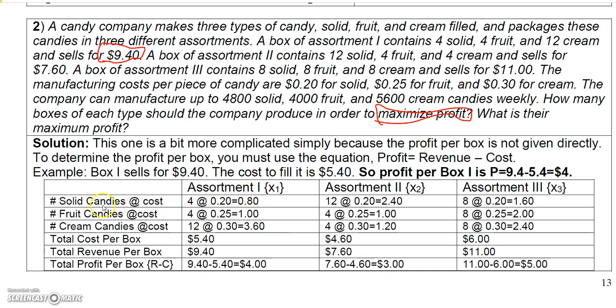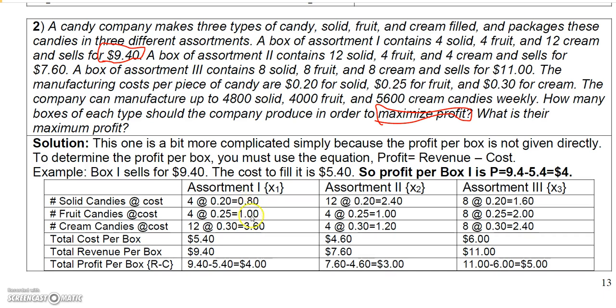So I've got solid candies, 4 of those, and it costs 20 cents to make each solid candy, so that's 80 cents. And then fruit candies, there's 4 of those in box 1, and it costs 25 cents to make each of those, so that's $1. And then there's 12 cream candies in each box, and it costs 30 cents each, so that's $3.60.